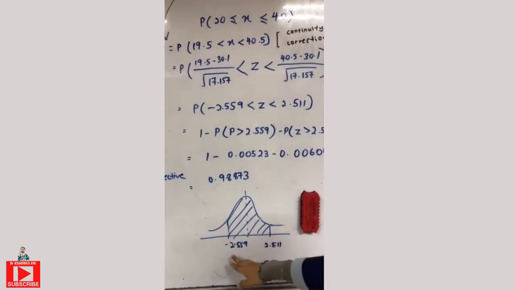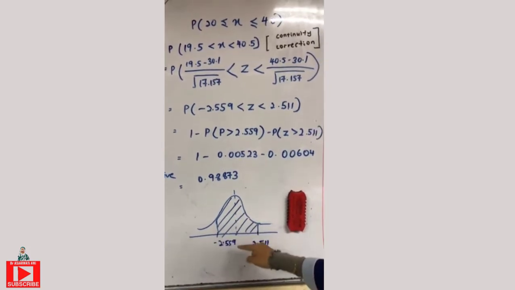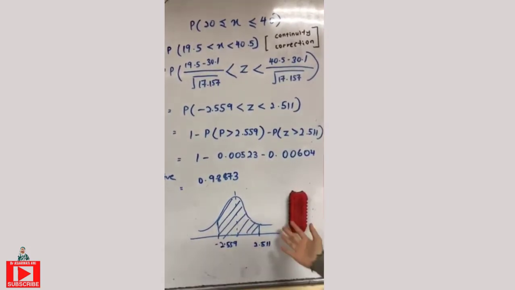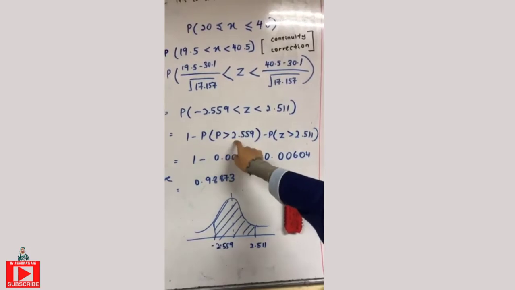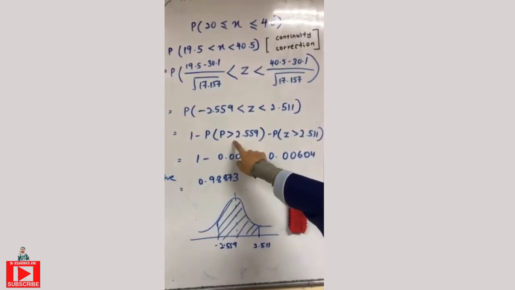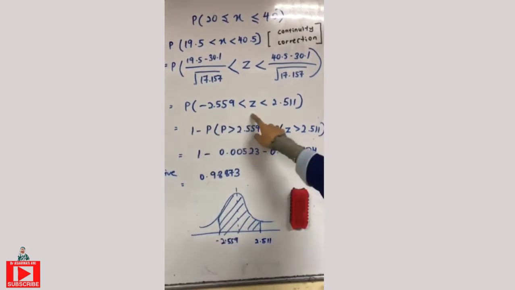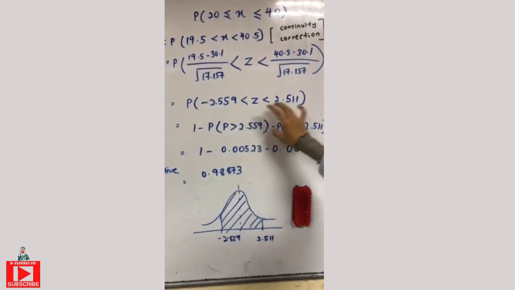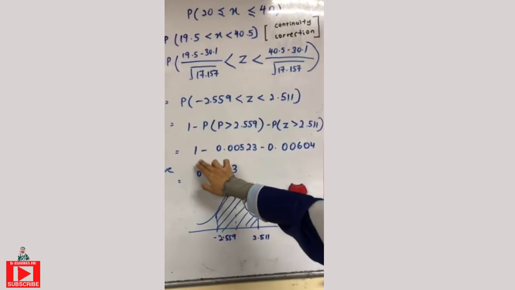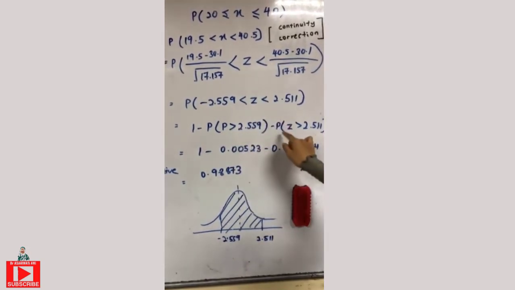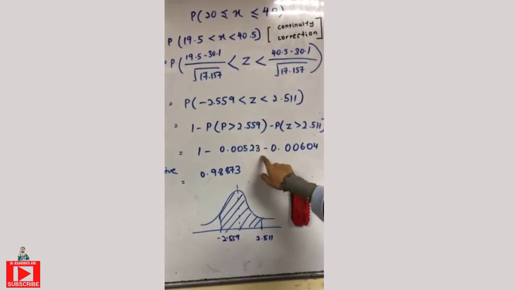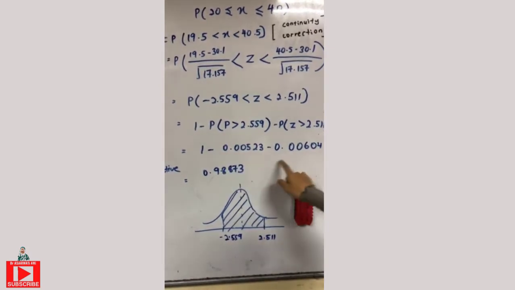Bila negatif ni kita transfer pergi belah sana jadi positif, so boleh dah tengok table. Satu keseluruhan probability tolaklah dengan probability yang ni. Bila kita tukar kepada tengok dalam table, kita tolak macam biasa, dapat jawapan. Terima kasih.